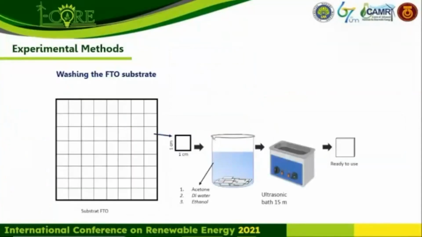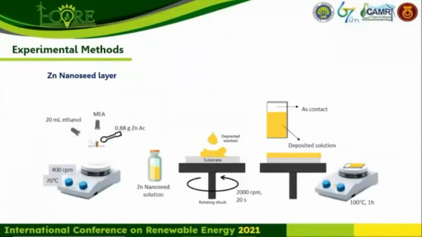And the next one is the experimental method. First, we cleaned the FTO substrate using DI water, acetone, and also ethanol in an ultrasonic bath for 15 minutes. Secondly, we synthesized the zinc oxide seed layer using zinc acetate solution, and then deposited it on the substrate by spin coating.